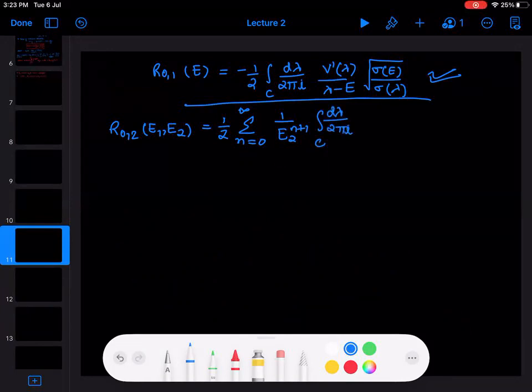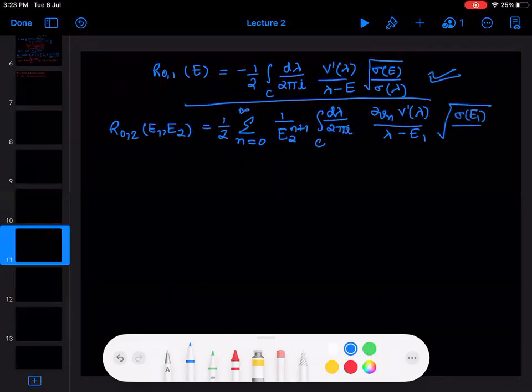Let me just write a few lines of the calculation. I'll not do the full calculation. While doing this calculation, we have to be careful. Where do we put E1 and E2?